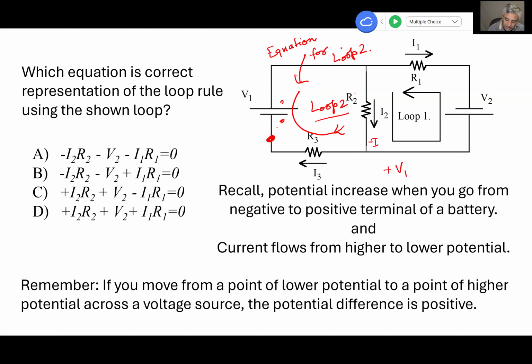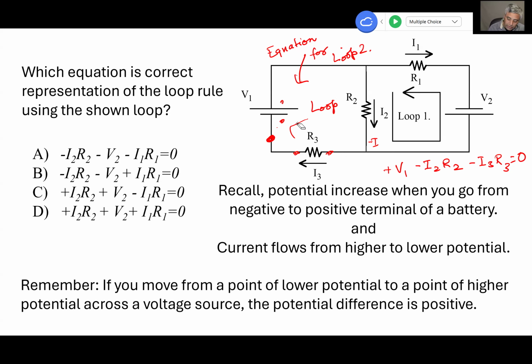And here the loop is going in the direction of flow of current, so that means it's going from higher to lower, so the difference is going to be negative. And then this one, same thing. You are going in the direction of current flow, so current goes from higher to lower, meaning the difference is negative again. Looks like both current terms are going to be negative.